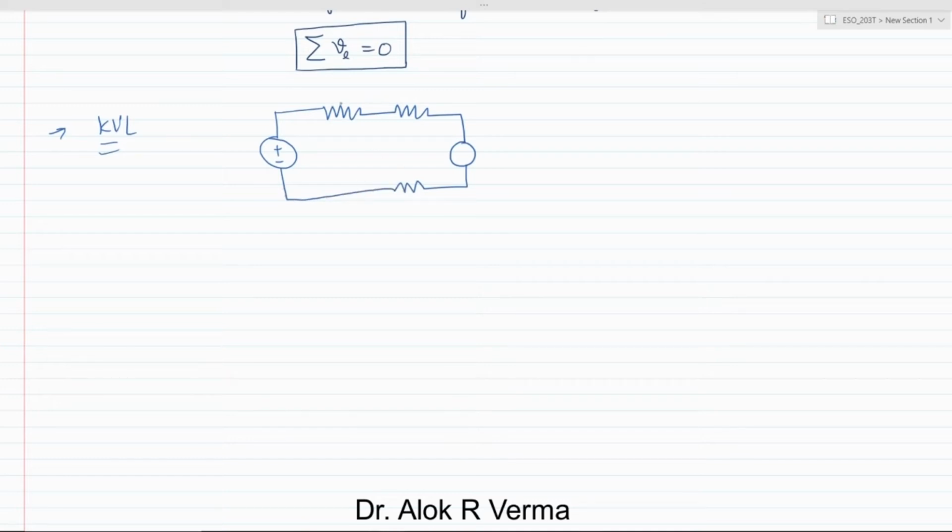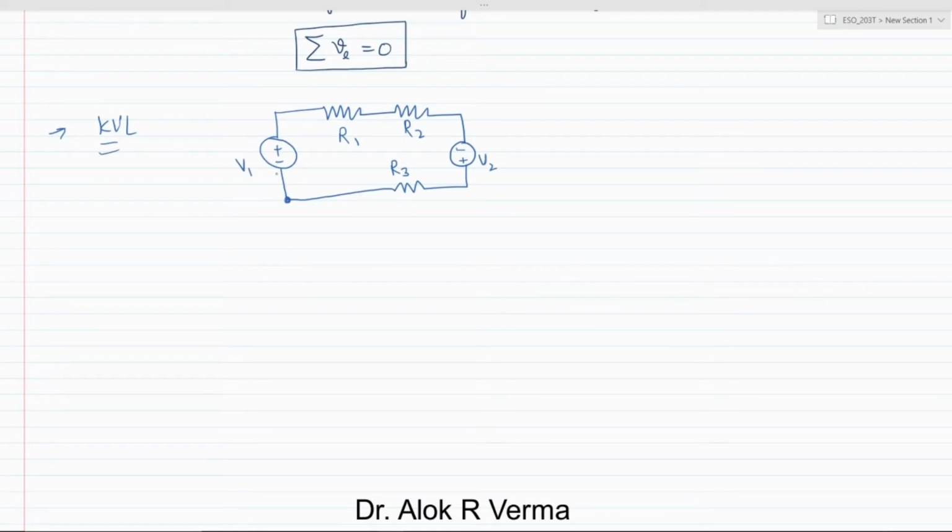Okay, so here you see R1, R2, and this is R3. This is V1, V2, and the polarity, suppose it is dropping and raising. So start from any point. Suppose we are starting at this point in the loop. So this complete thing forms a closed loop, right?